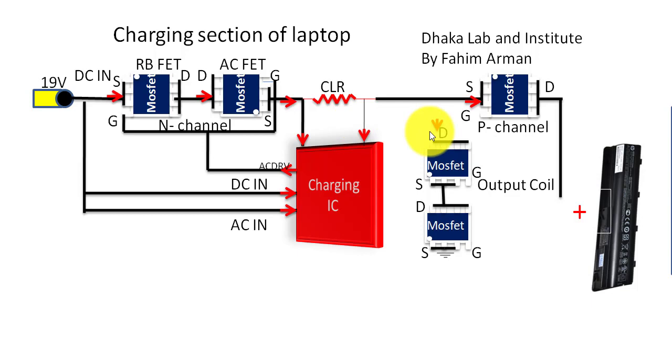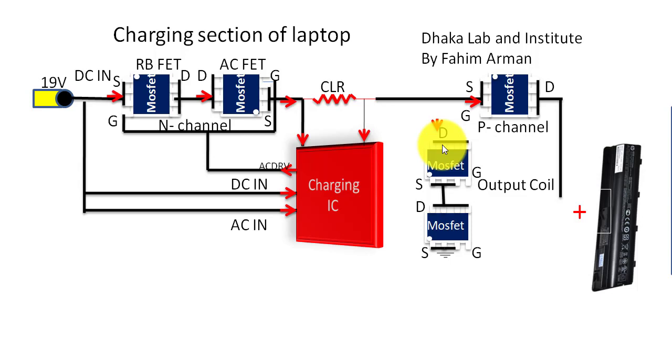And 19 volt will enter into the first MOSFET, but as this is an N channel, the MOSFET should be switched on first, then the voltage will pass from drain to source.